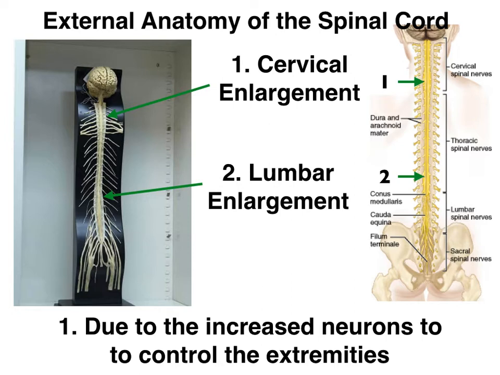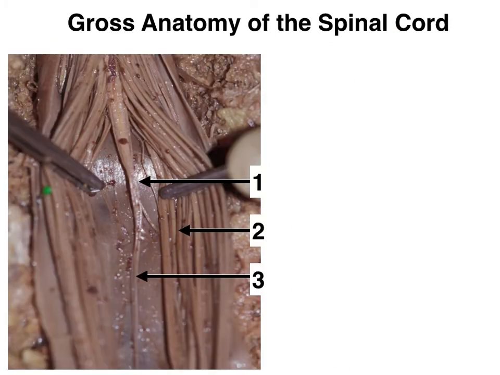Now, if you look at number 2 at the lumbar enlargement, while that is the end of the spinal cord, there seems to be a lot of weird stuff going on, even more inferiorly. So we're going to take a close look at the spinal cord at its far end, the most inferior end. First, hopefully you can see that there is sort of a pointy end to the spinal cord, which is labeled number 1.